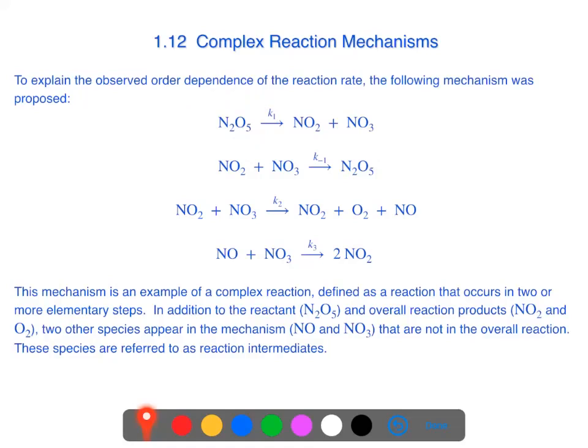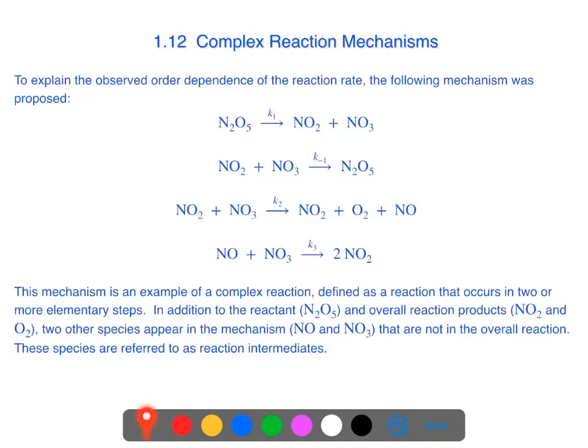We have the reverse of that reaction, in which NO2 and NO3 recombine to give us N2O5. And we have 2 additional steps where NO2 and NO3 react to give us various species, and a final step where NO3 and NO react to give us 2 equivalents of NO2. So these are the 4 steps involved in this reaction mechanism.